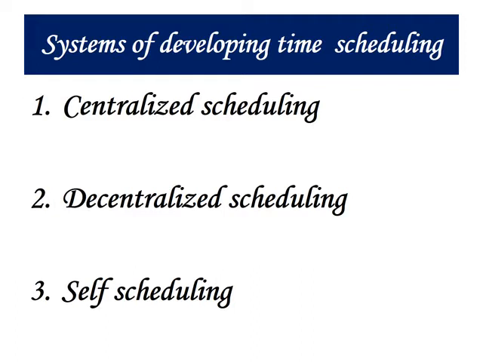Decentralized scheduling is planned at the unit level and usually done by the head nurse. Self-scheduling is a process by which nurses and other staff develop and implement hospital policies related to time scheduling and variables affecting it. So staff nurses set their wishes on a schedule and wait for response from the head nurse.